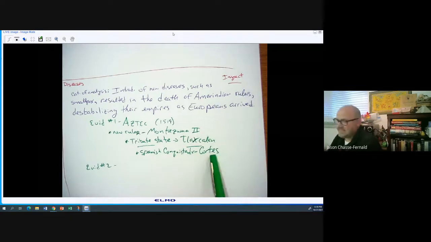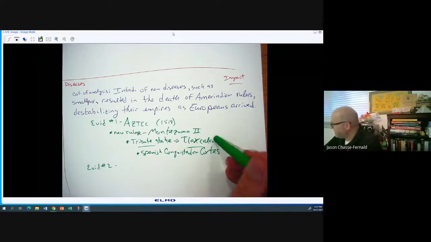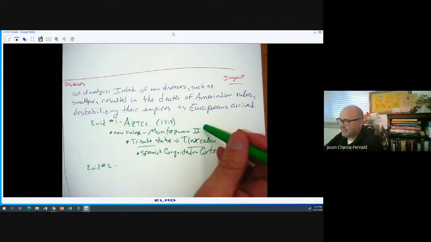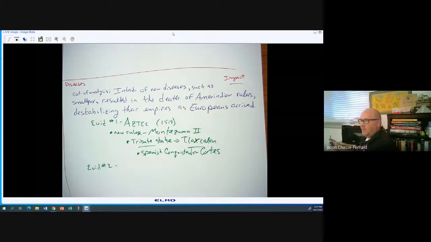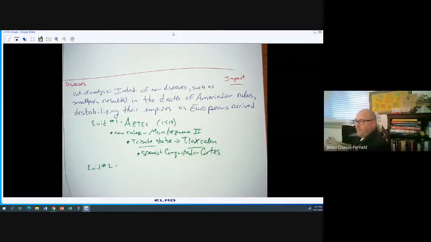Cortez is able to use that loose loyalty to his advantage and develop an alliance with the Tlaxcalans, which means the tens of thousands of warriors that Moctezuma and the Mexica would have had at their disposal would have been reduced greatly, making it a more even fight. So that's the short version of it.